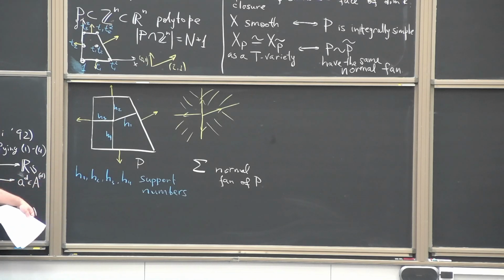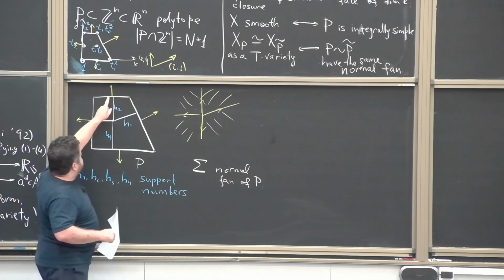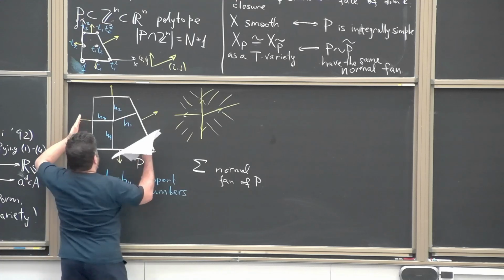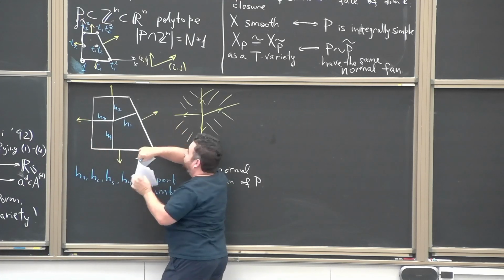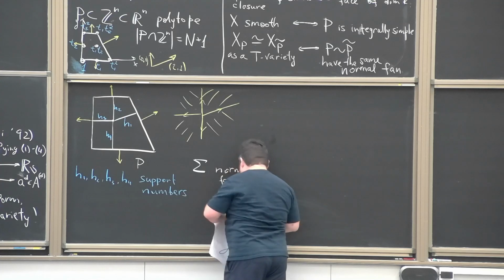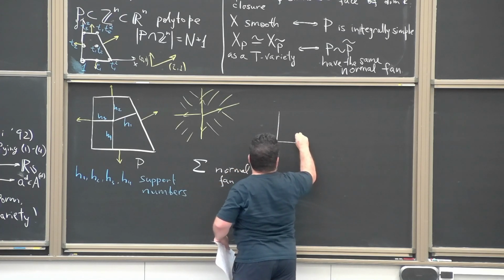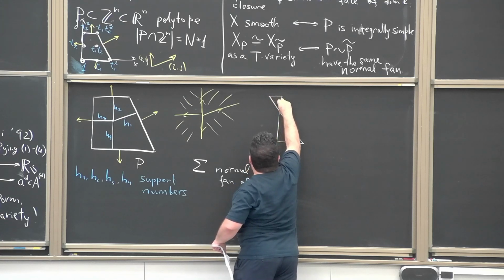Sometimes I won't get a polytope. Imagine that your h1 is really, really big, then these two faces intersect before they meet this face, right? So you'll get something ugly, which is not a real polytope.